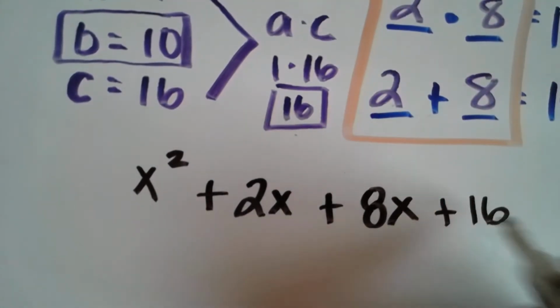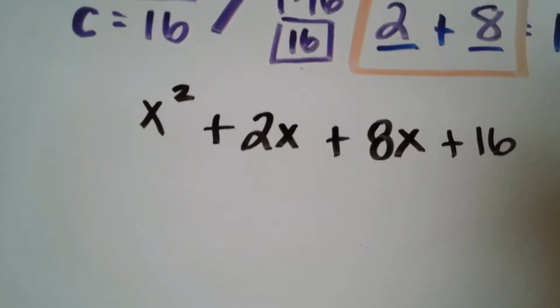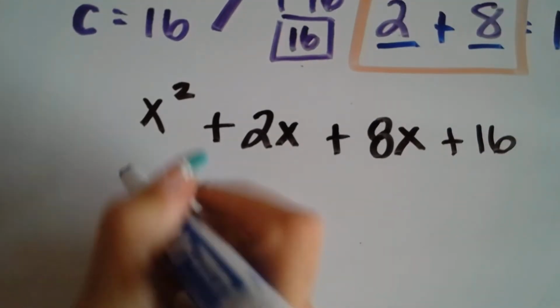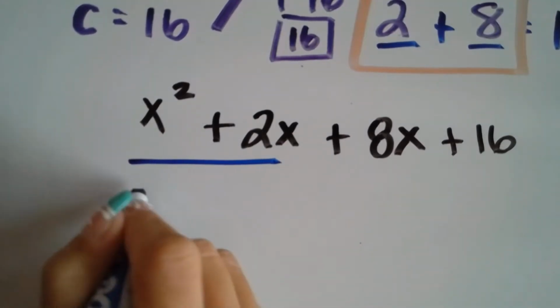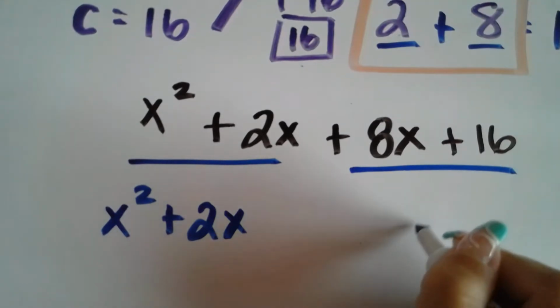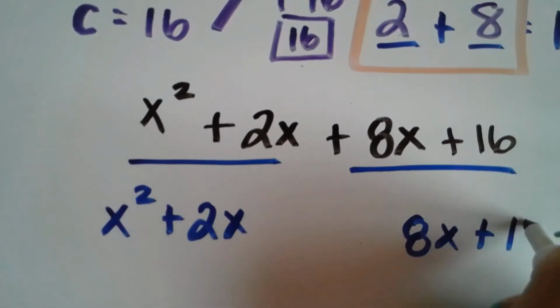Now we're going to be factoring by grouping. So we have x squared plus 2x, and then we have this pair right here, 8x plus 16.